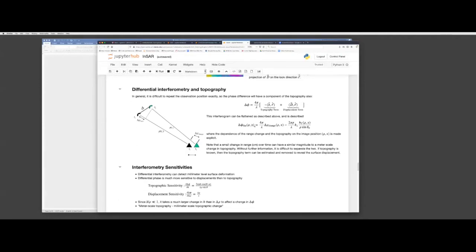Typically, we have a baseline that's associated with this measurement, because we can't fly our spacecraft to exactly the same point in space over time reliably to the accuracy that we would like it to be 0. So in our measured delta phase, we have 2 terms. We have the topographic term, which we saw before, and we have the displacement term.